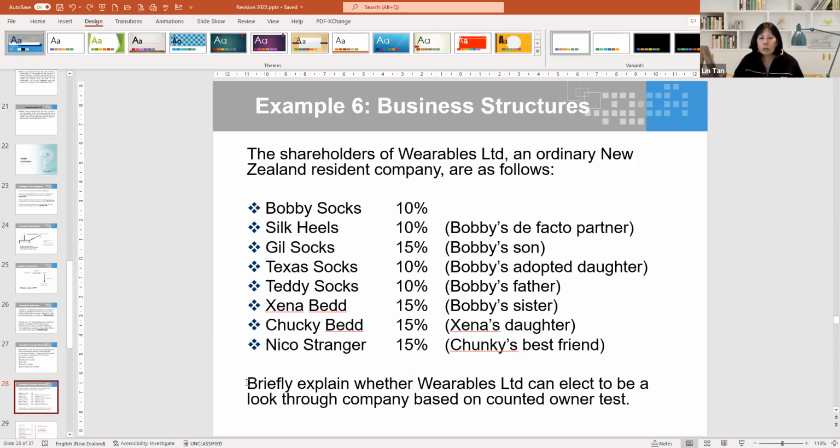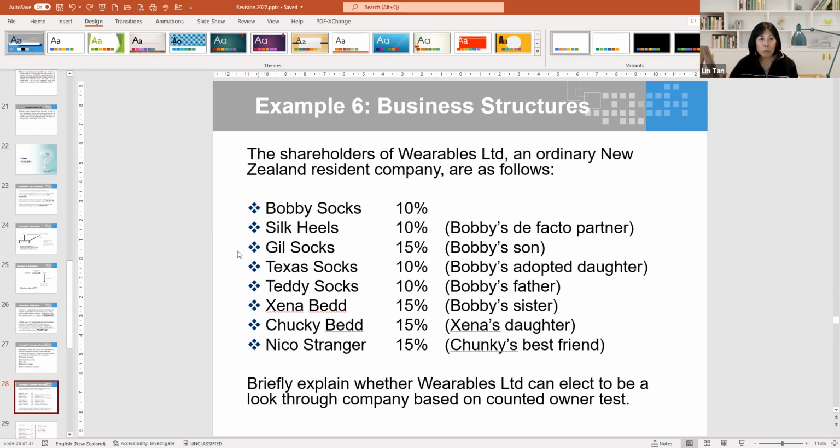So it'll be good to indicate at the beginning that to be an LTC based on the counted owner test, there must not be more than 5 owners, all right? But in your explanation, you will have to refer to the scenario provided and work out how many owners there are. If there are more than 5 owners, then you say, well, they cannot make the election. If they have not more than 5, then they can make the election.